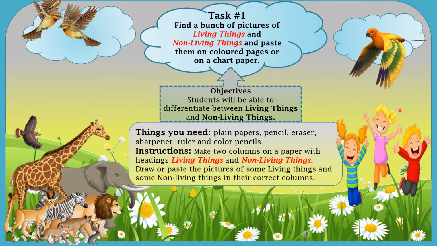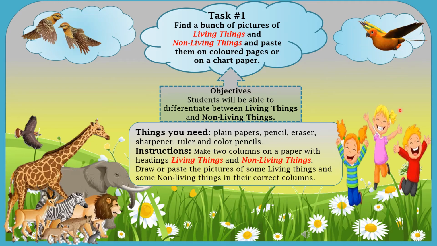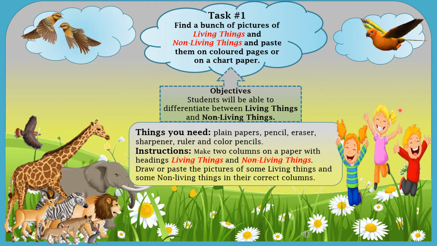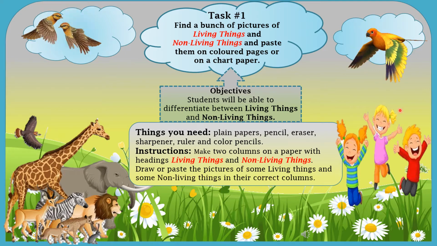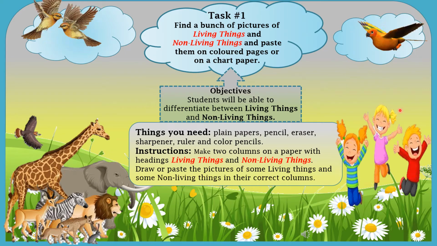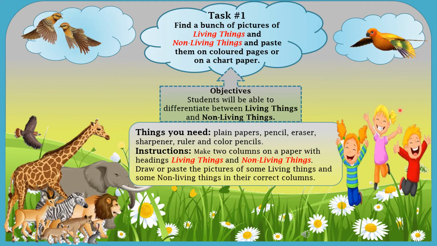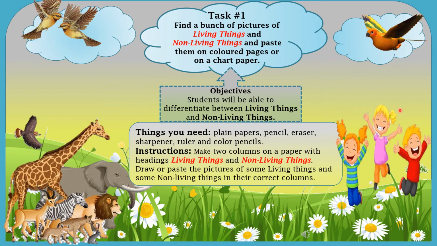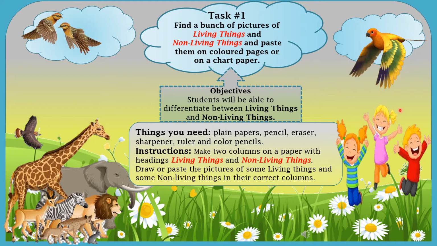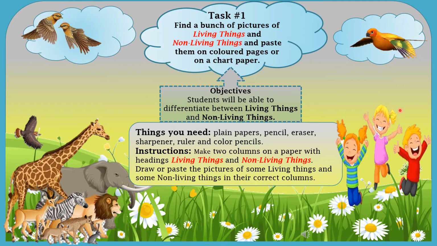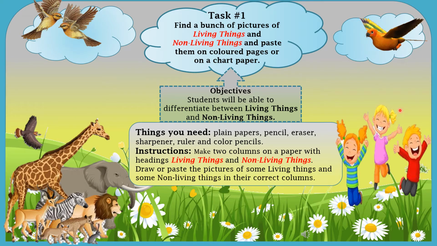So in this way, what is the benefit of this activity is that you will be able to differentiate well between living things and non-living things. Okay, on a chart paper or the colored paper book, you can make 2 columns, or you can use different pages.